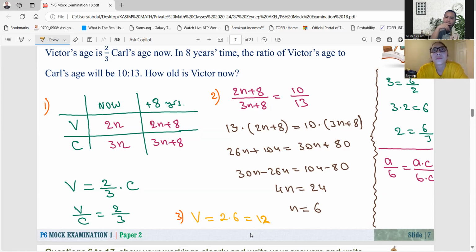So he was 4, and 8 years later he became 12. No. Now Victor is 12 years old. After 8 years, he will be 20 years old, right? Right now, he is 12 years old. Almost your age. You are 13, right?